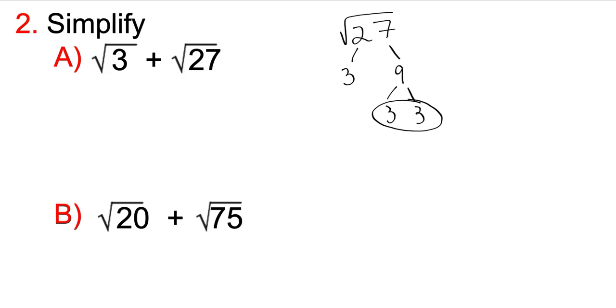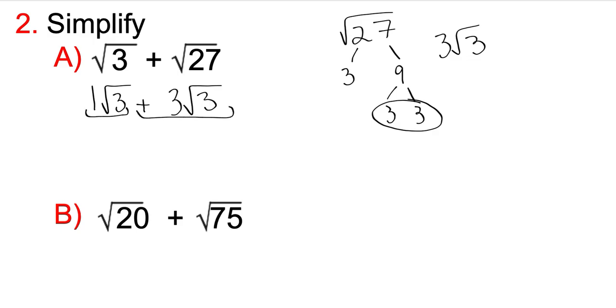So this would turn into 3 root 3. And let's put that back over here. So we have square root 3 plus 3 root 3 because we simplified that root 27. Now remember the number in front here is just a 1, and we do have like radicals here and here. So 1 root 3 plus 3 root 3 is 4 root 3, and we can stop there.